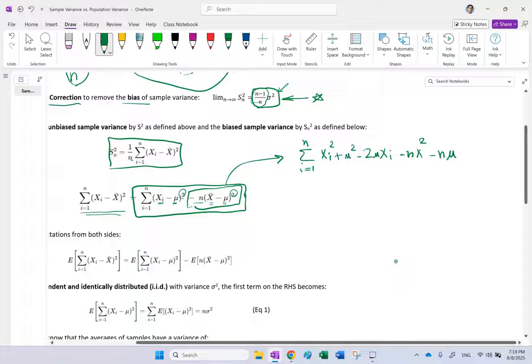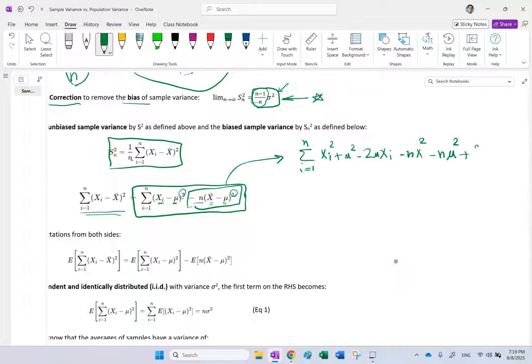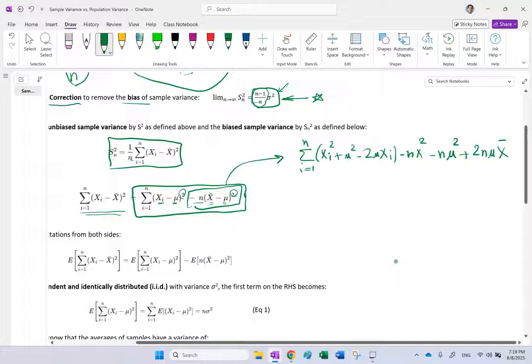Negative n times mu squared, and then positive 2n mu x bar. Okay, so this is what you have if you expand it. This is the second term, this is the first term.